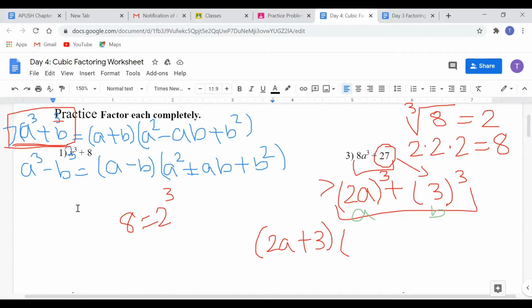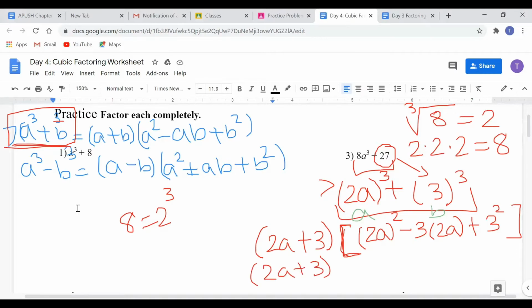So I'm gonna use a bracket, and in parentheses, I'm gonna put 2A squared minus, remember, this is the place where you're supposed to have a different sign, minus A times B. So that should have been 3 times 2A plus B squared. Now I'm supposed to simplify this one. Remember, for factoring, you're supposed to simplify, okay? Keep your answer in the simplified form.